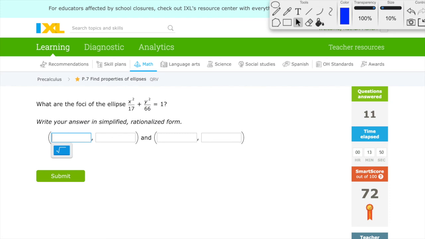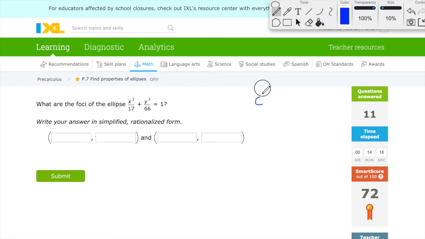The foci. So this is one that we lightly touched on, but we didn't really talk about how to get it or anything. So first I have to think about which is bigger. So underneath the y. From here we have, essentially, a formula. Let's write that out. The formula is the same no matter if it's x or y, it's just when you write the answer.